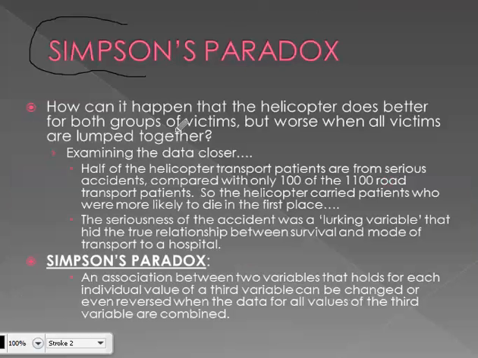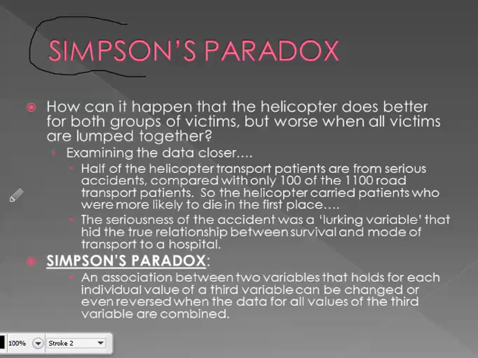But the point there is, if you examine the data closer, half of the helicopter transport patients were from serious accidents compared with only 100 of the 1,100 road transport victims. So the helicopter carried patients who were more likely to die in the first place.